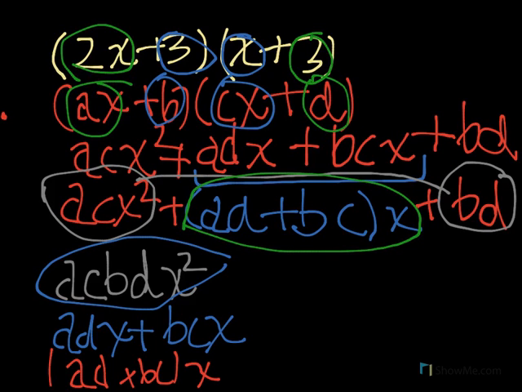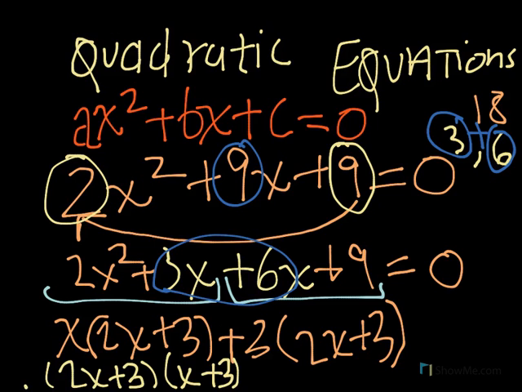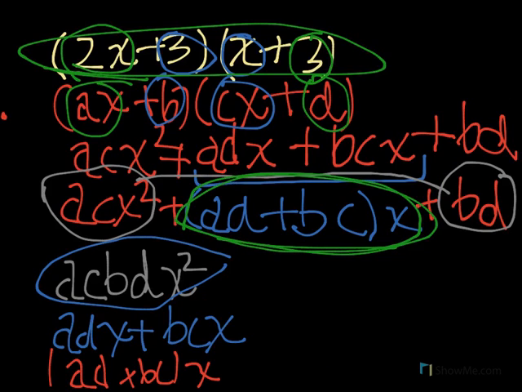But since we are doing it with unknowns and variables, we don't know their values. Since I was reversing the order, if I reverse the order from 2x plus 3 times x plus 3, I would get 2x squared plus 9x plus 9, right?